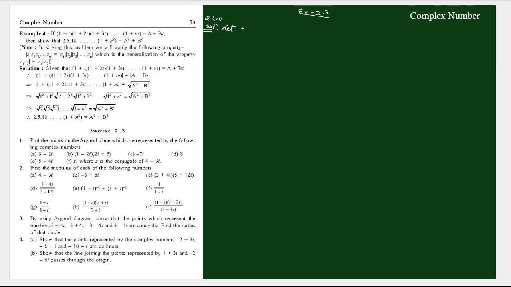Let z equal 4 minus 3i. We need to find the modulus of z. So therefore, modulus of z equals modulus of 4 minus 3i, right?